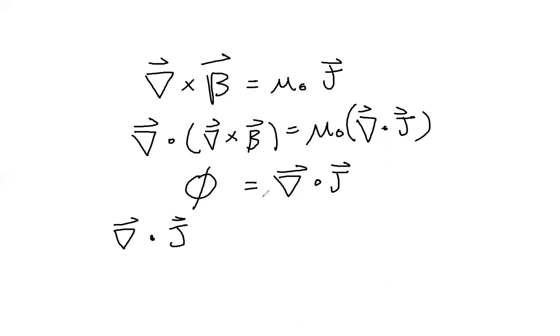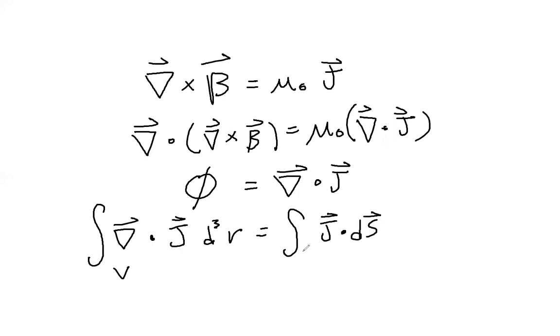Again, we usually don't think about this in this form, so we can instead integrate it over a volume. Say we have some volume of space. The integral of del dot J d3r is just, using Gauss's law, the integral of J itself dot dS integrated over the surface of a volume.